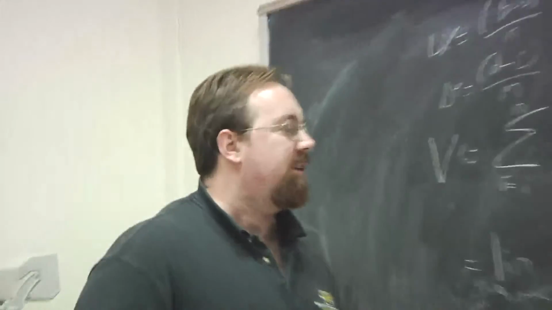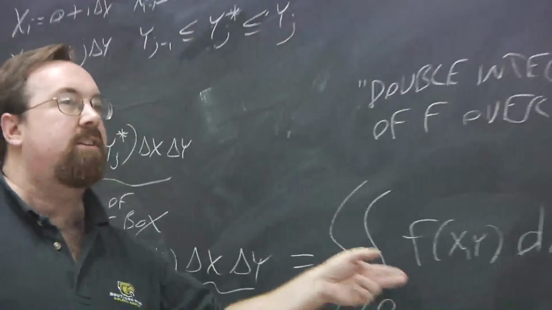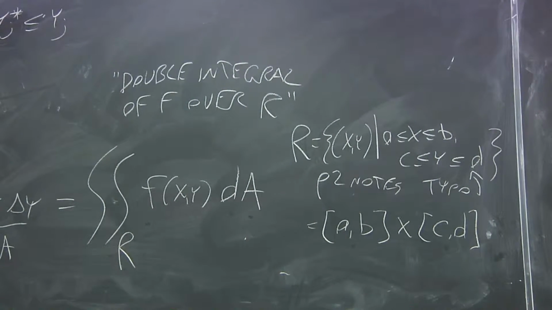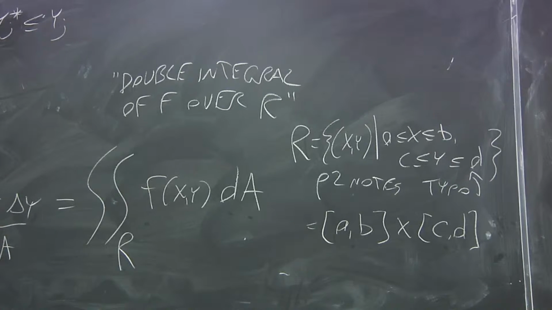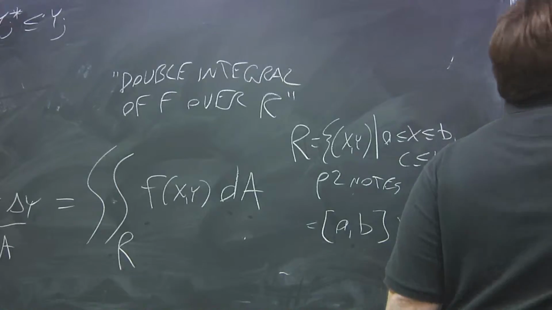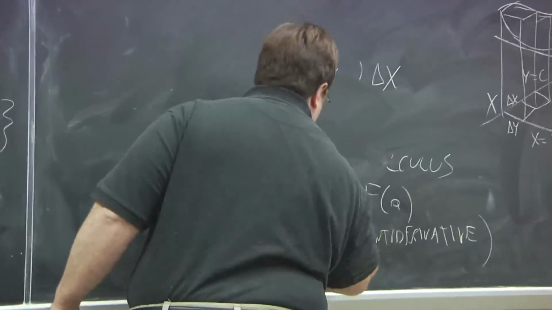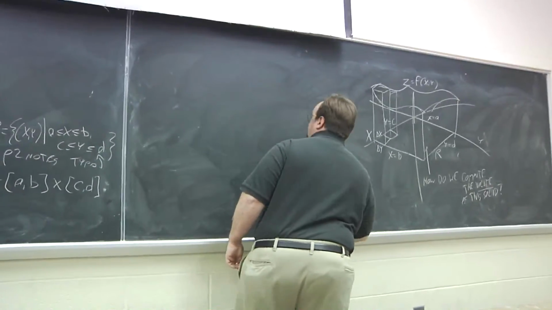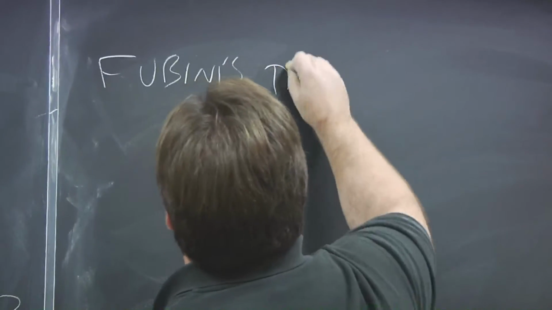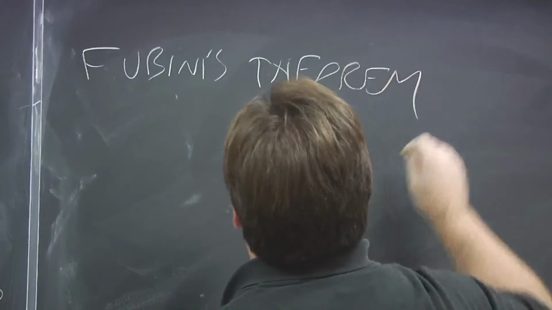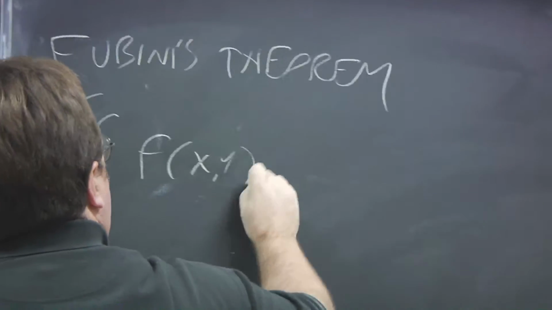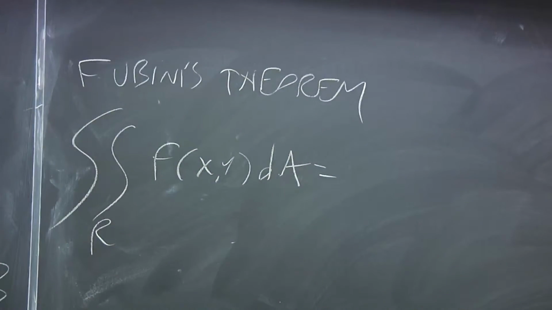What we'd like to be able to do, of course, is have a practical way of evaluating a double integral, just like we have for single integrals. The way that you do that is through a result called Fubini's Theorem, which states that a double integral over a rectangle can be computed in either of two ways.